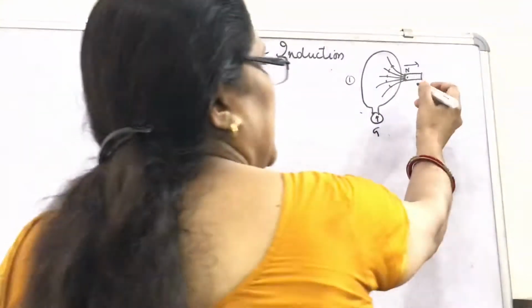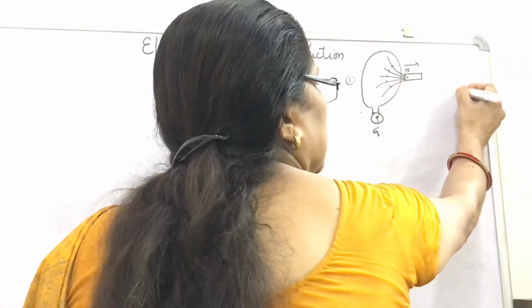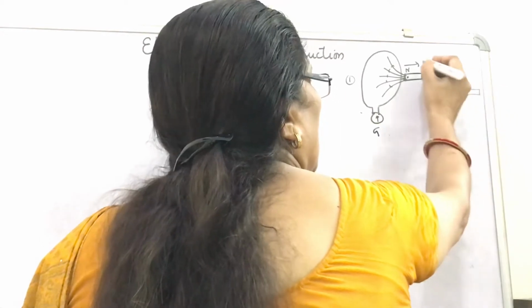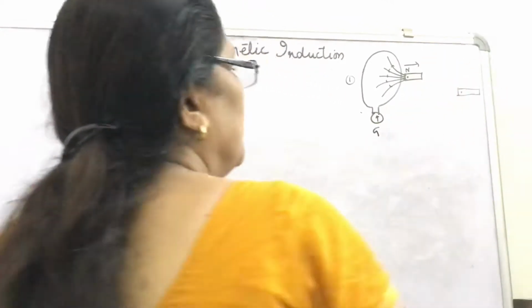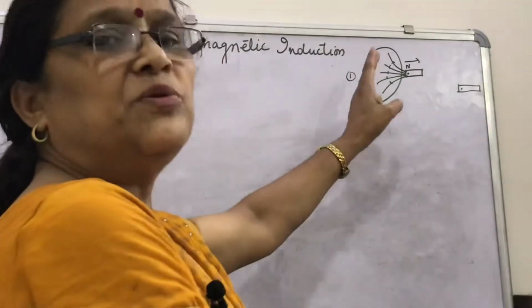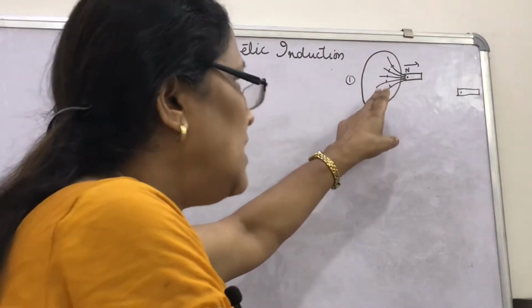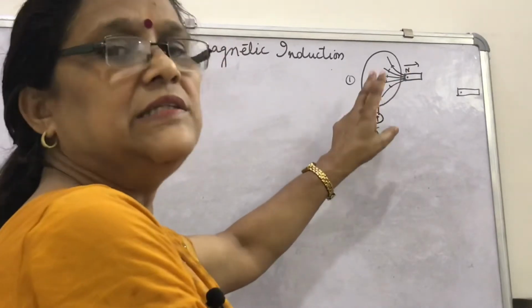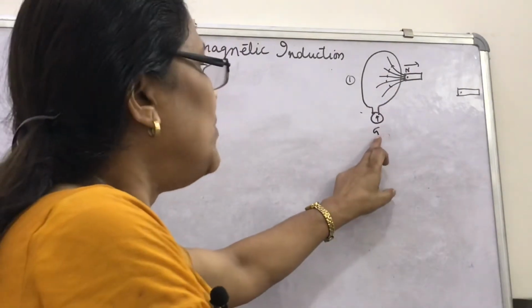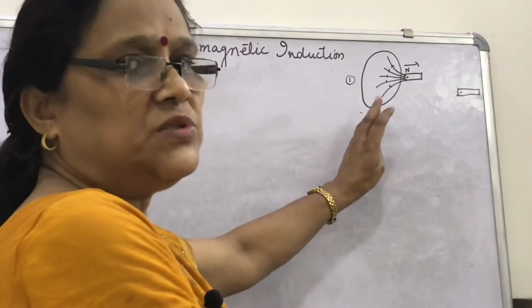If we take away this bar magnet, suppose up to this point, what will happen? The magnetic field lines passing through the conducting loop will decrease. That is, the magnetic field linked with the closed circuit changes, and we find that the galvanometer shows a deflection.